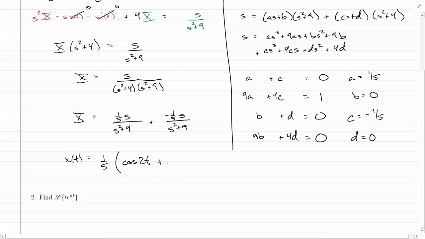And then similarly, the next one, we're going to have a minus, because when I factored out the 1/5, this term will be minus. And then this one will be cosine of 3t, because that looks like the cosine of kt where k is 3. So there's our solution.